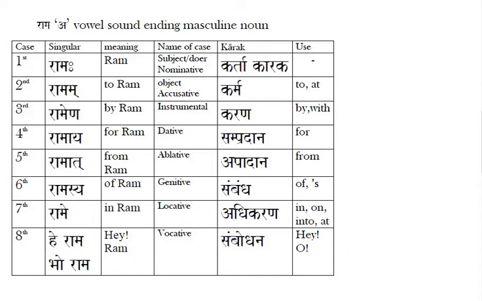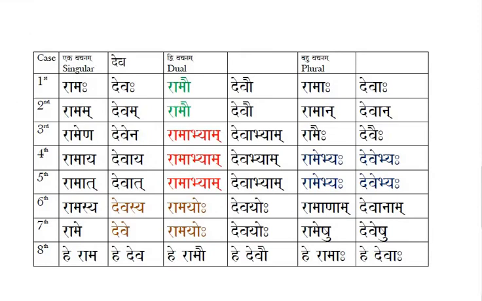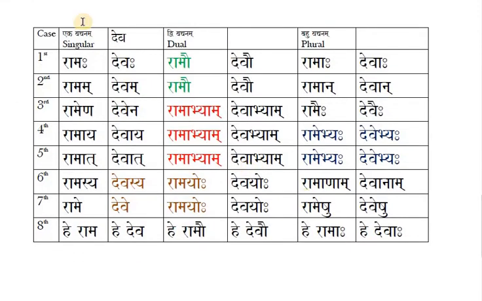Let us see the table now. My dear students, here you read Ramaha, Ramam, Ramena, Ramaya, all singular words. If you want to say Ramaha as subject, as doer, you can use one. But if you want to say two Rams are playing cricket, then Ramau. If many are playing cricket, then Ramaha.